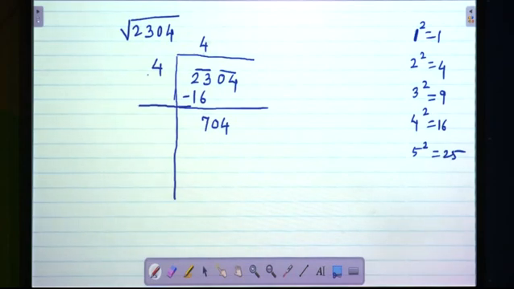The quotient currently is 4, so we write 8, and one gap is present. We have to fill it with an appropriate digit.